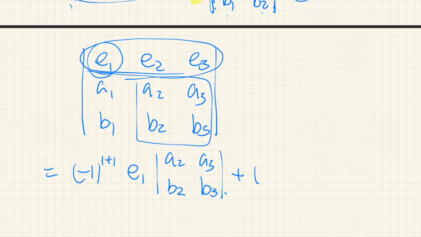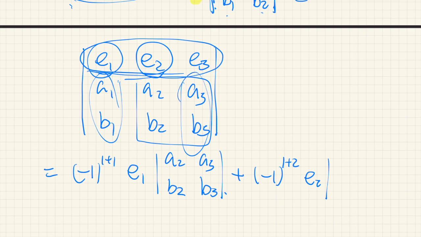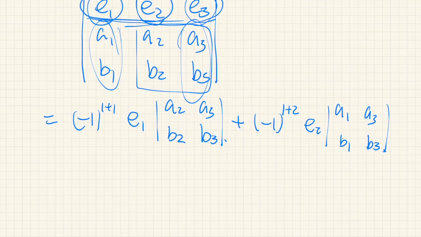And for the second component, this one, negative 1 and 1, 2 element, and E2, and this, so A1, A3, B1, B3. And for the third component, 1 plus 3 and E3.